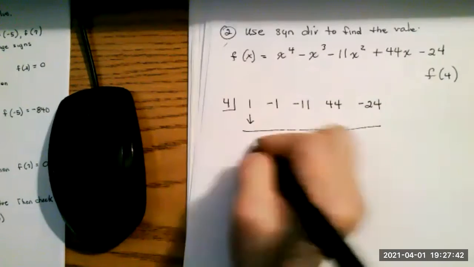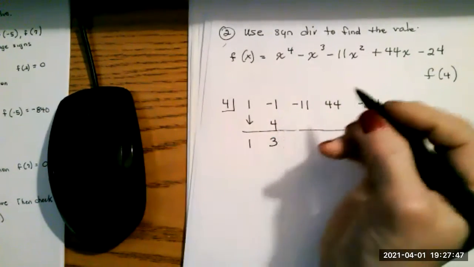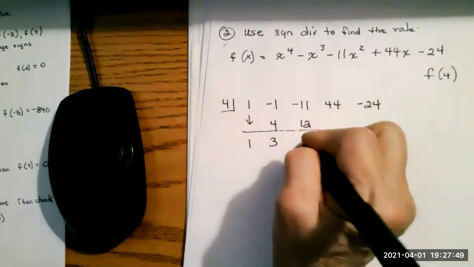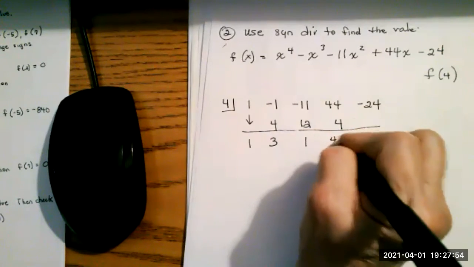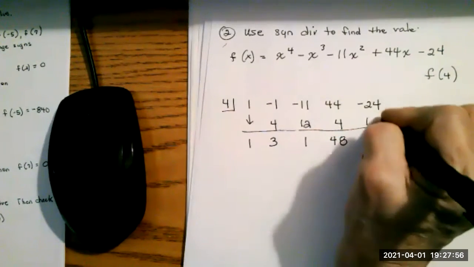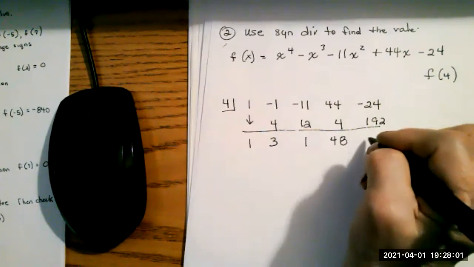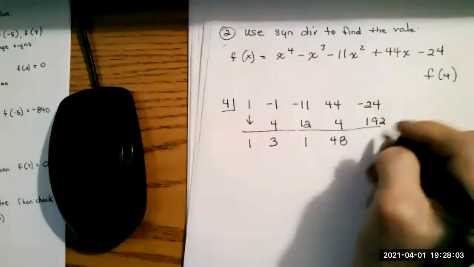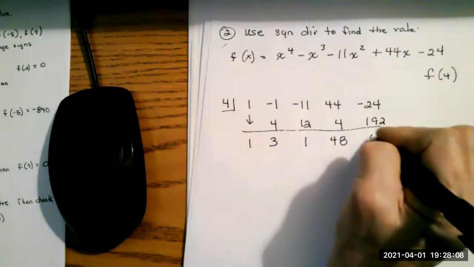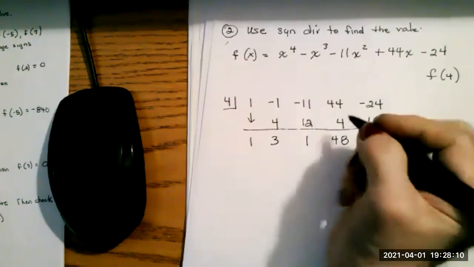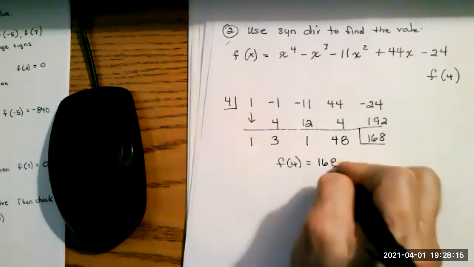I bring it down, and I have 3, and 3 times 4 is 12, and 4 is 48, and 192. 192 and negative 24 is 168. So f of 4 equals 168. That's what they want.